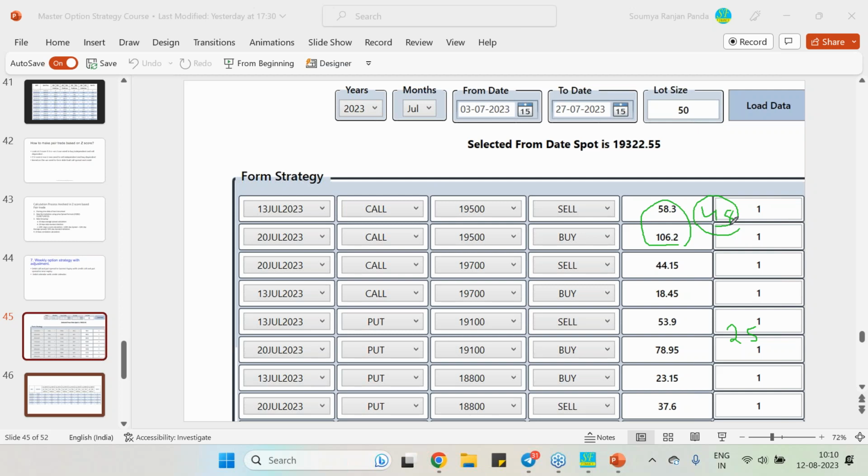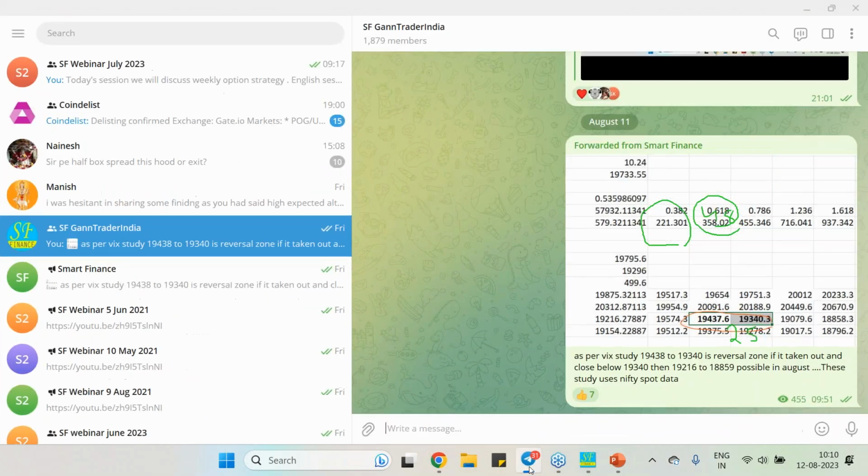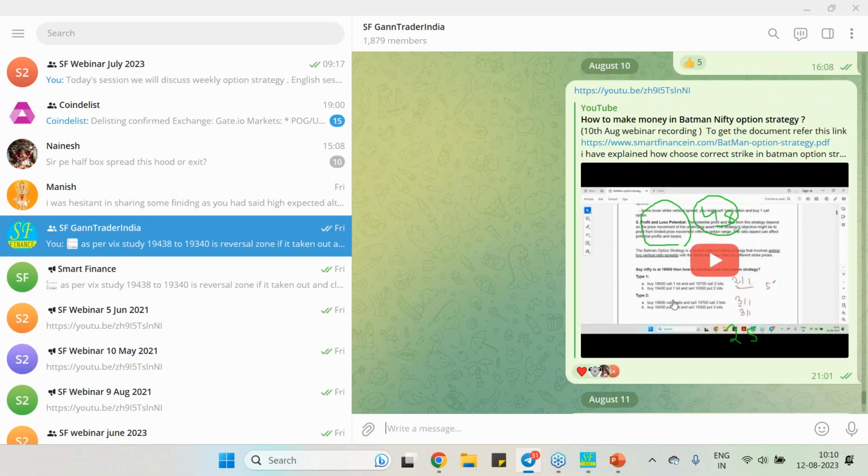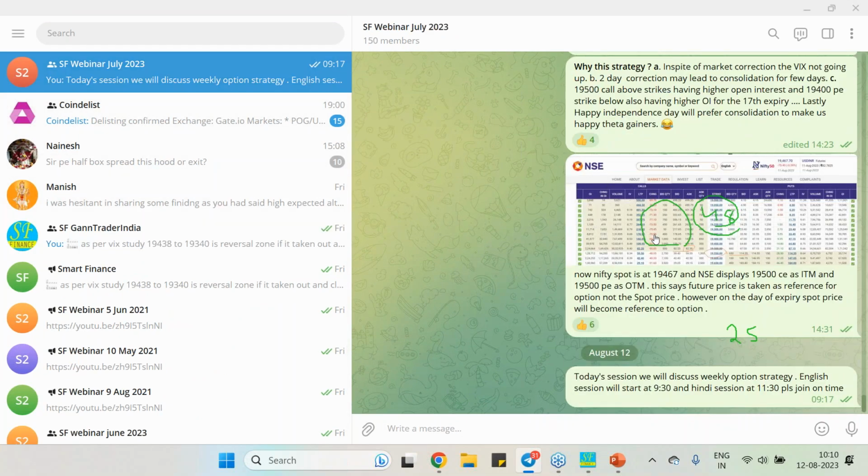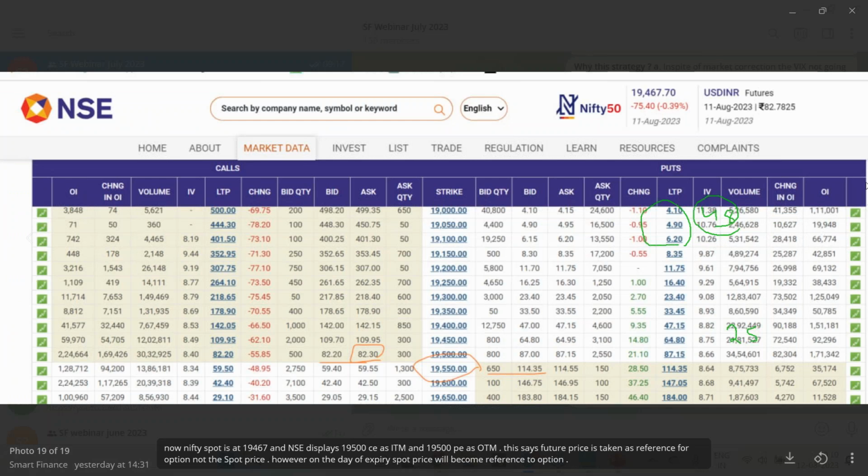So how much debit do we have to keep to make it comfortable? One thing you have to understand here is how much debit we have to make so that it should be comfortable. As I sent you one snapshot yesterday, someone from your group said the market is following the option price, the option price following the spot price.